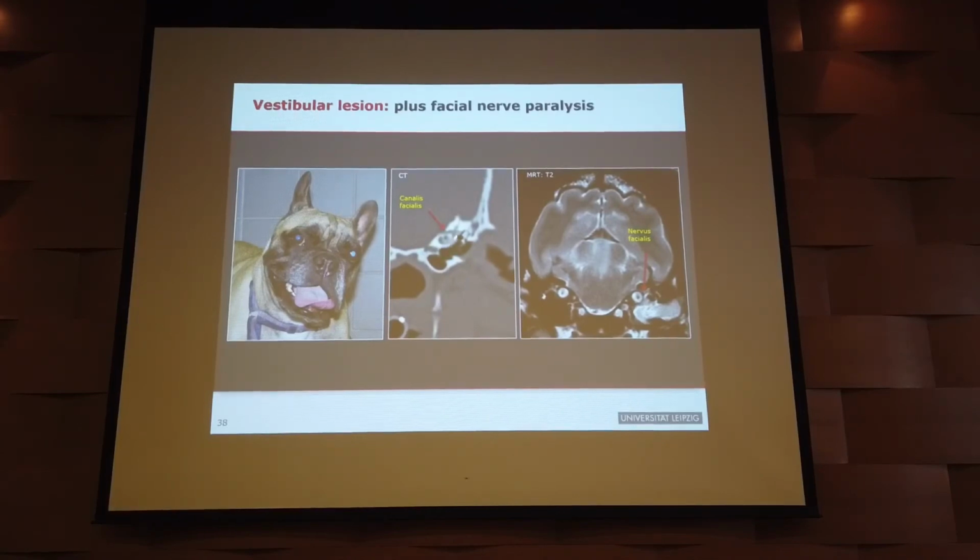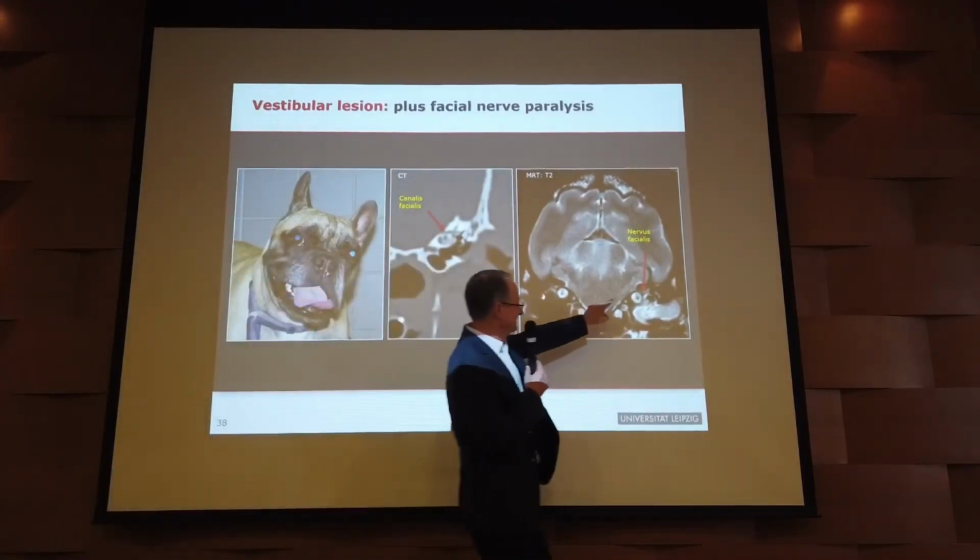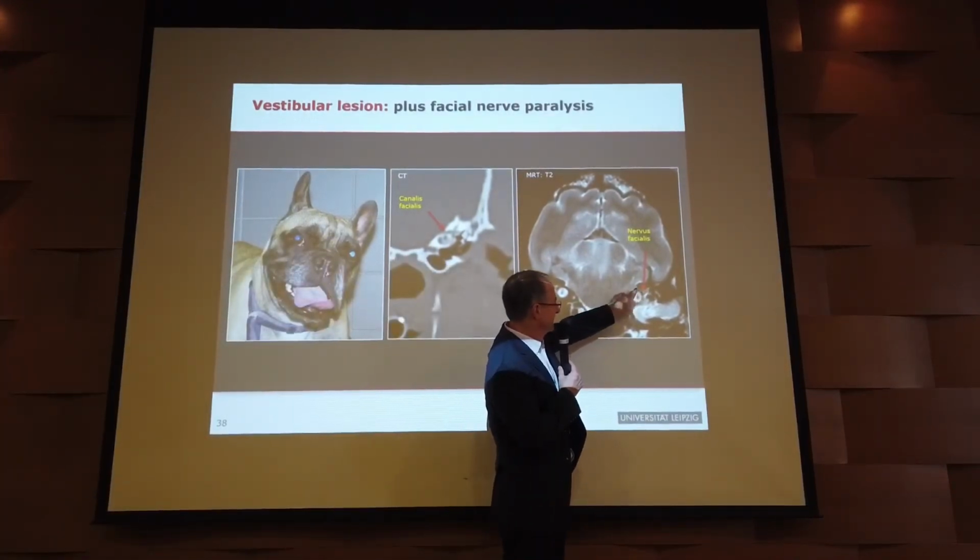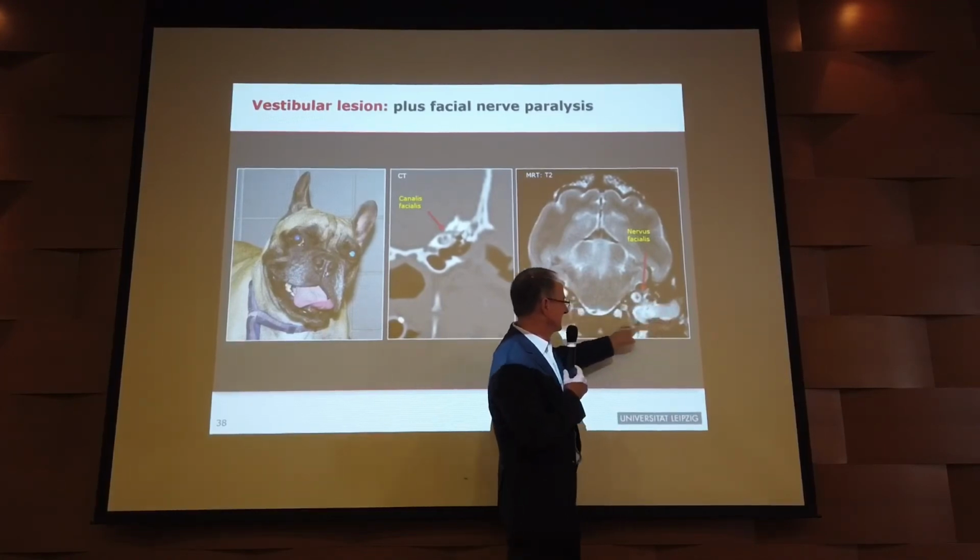So if you get a disease in that area, it may well affect the facial nerve as well, because it's really in close proximity. MR is even a little bit better in the sense that we can see the facial nerve, at least I can see it. This teeny tiny line here, that's the facial nerve. Here we have the inner ear. Here we have the middle ear.